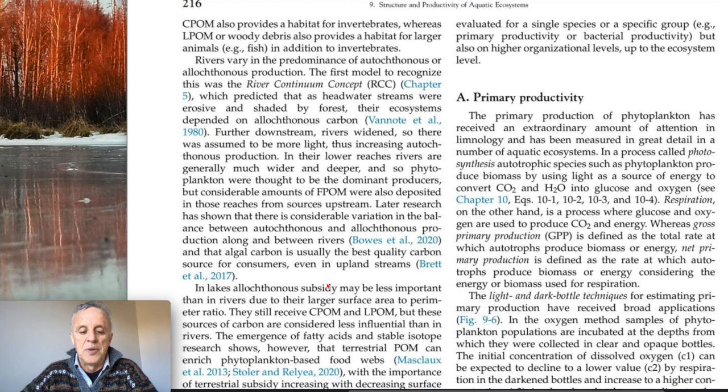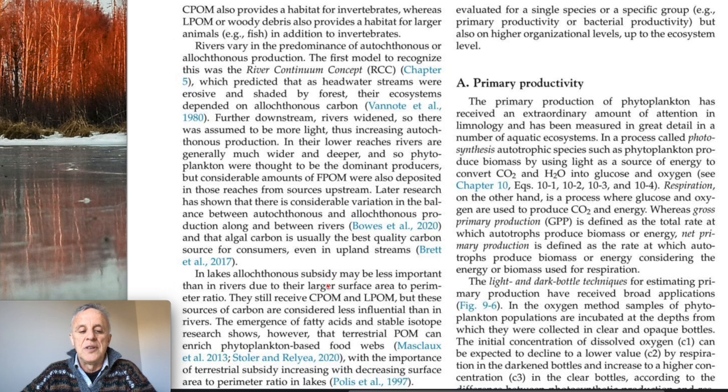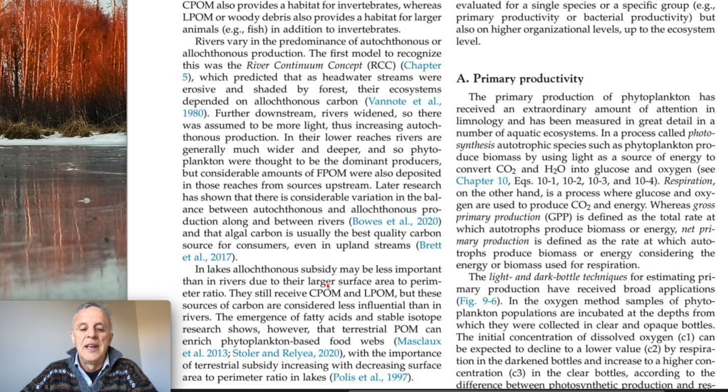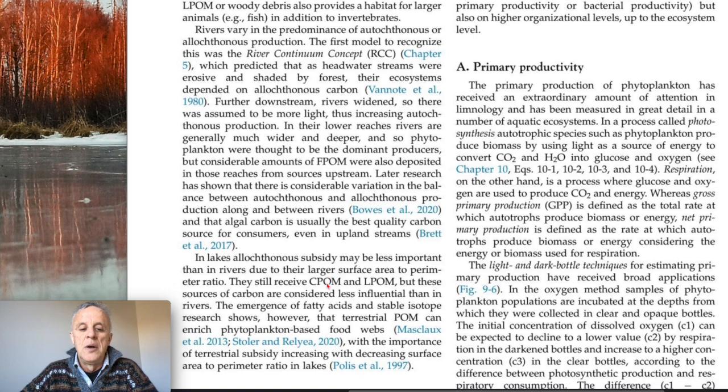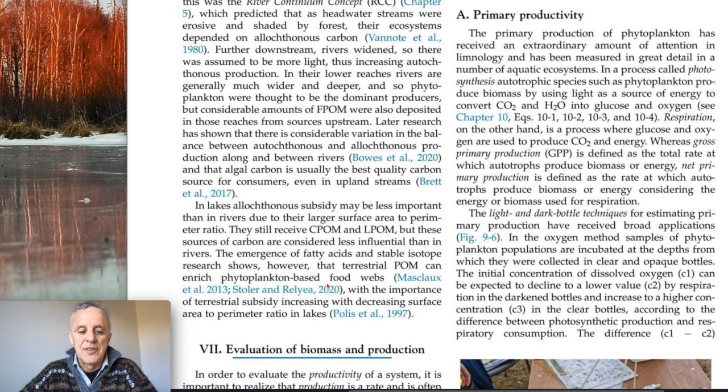Later research has shown that there is considerable variation in the balance between autochthonous and allochthonous production along and between rivers, and that algal carbon is usually the best quality carbon source for consumers even in upland streams. In lakes, allochthonous subsidy may be less important than in rivers due to their larger surface area to perimeter ratio.